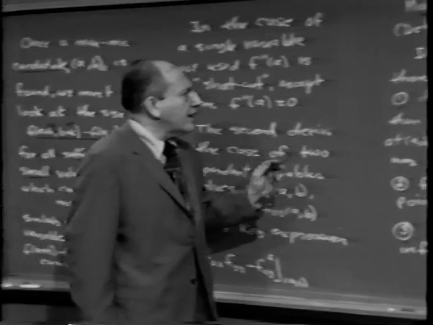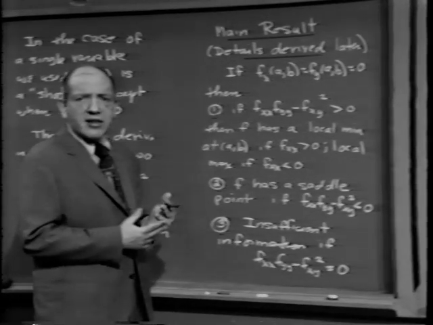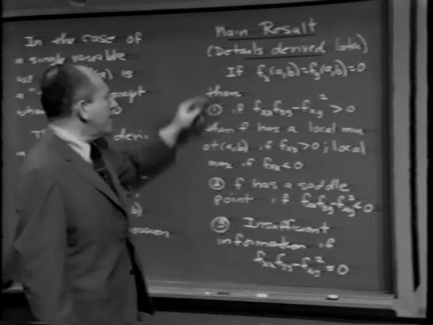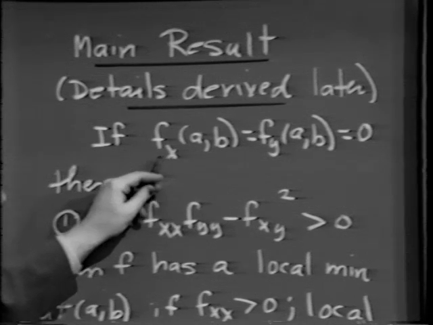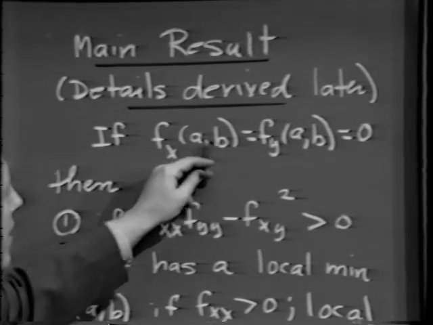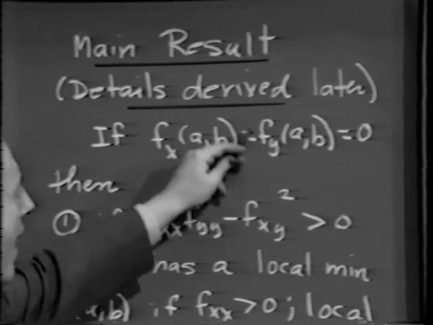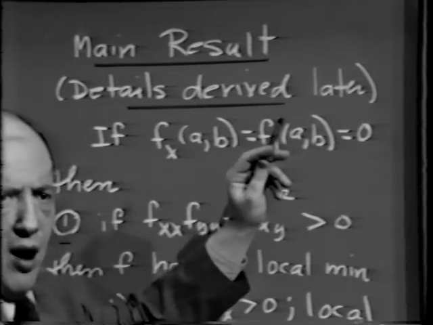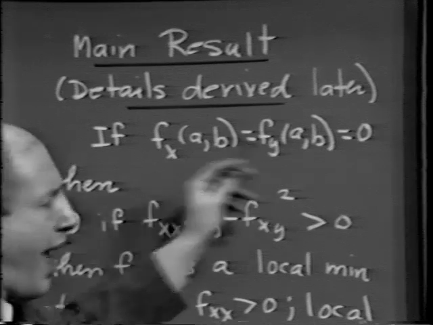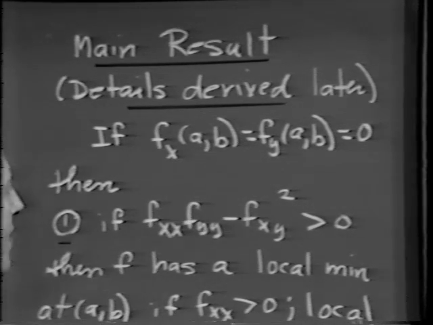The main result, and as I just write here to remind you, the details are derived later, both in the text, in the learning exercises, and in an optional lecture: suppose we have solved our simultaneous system and have found values, points A comma B, where the partial of f with respect to x and the partial of f with respect to y equals 0. So we now have a candidate, meaning A comma B is eligible to be tested to see whether it yields a maximum or a minimum value.